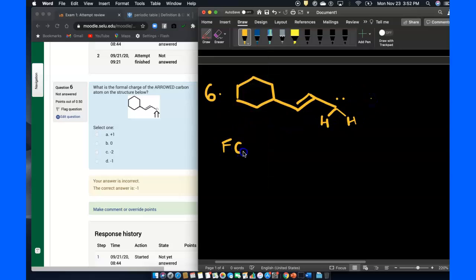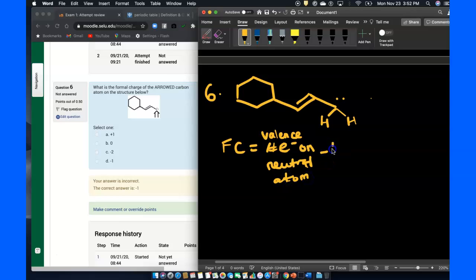Okay, so let's find the formal charge. Remember the formula? Formal charge equals the number of valence electrons on the neutral atom. There are so many versions of this formula, but I think this is what we discussed.